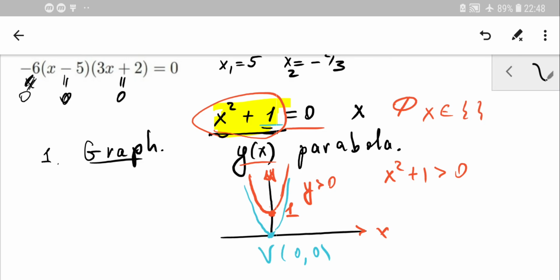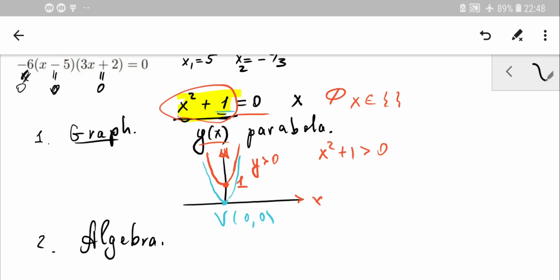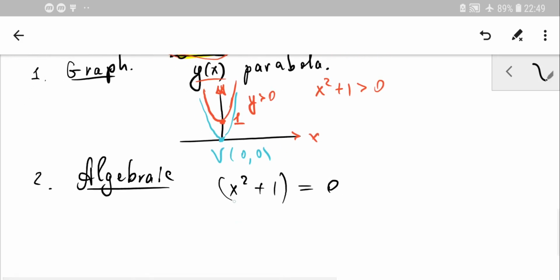Okay, let's analyze algebraically. We don't use any graphs in this case, and we simply need to say x squared plus 1, how we can estimate the value of x that delivers the total expression to be 0. So we analyze x squared, the minimum value is 0, because x squared is always greater than or equal to 0.